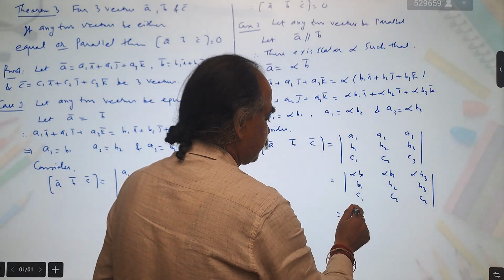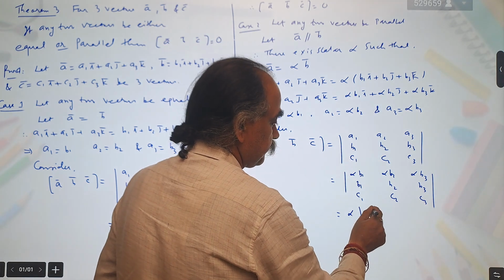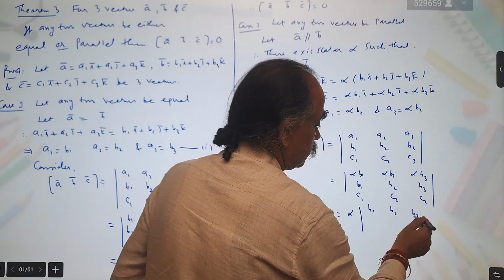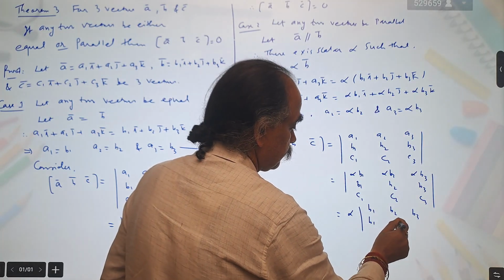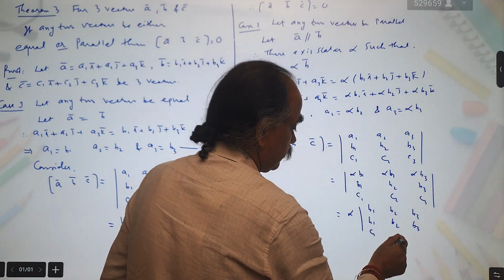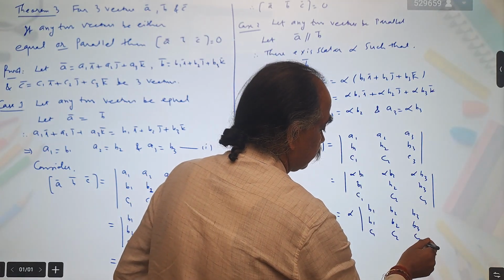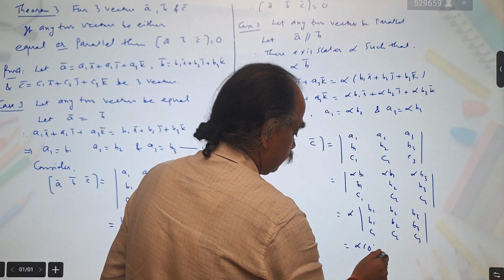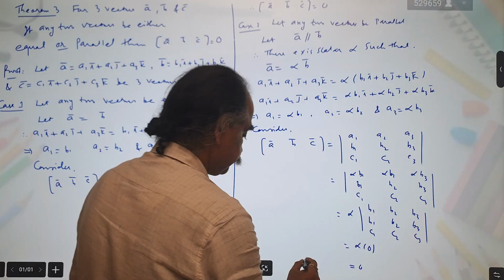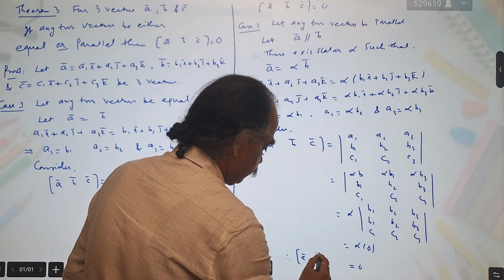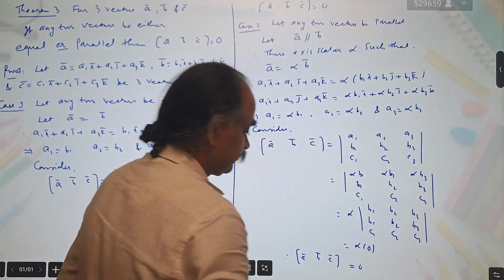Now by property of determinant, we'll take alpha outside. So B1, B2, B3, C1, C2, C3, alpha into 0. So box A bar, B bar, C bar is what? 0.